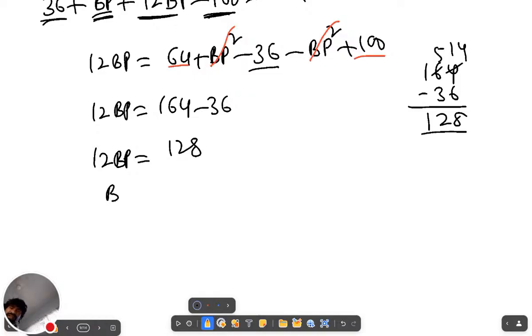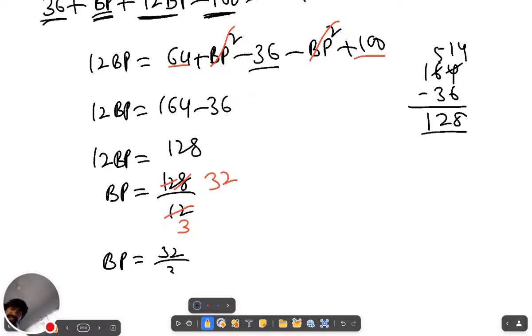Send 12 to the right side. BP is equal to 128 by 12. We can cancel using the 4 table: 4 threes are 12, 4 thirty-twos are 128. So BP will be equal to 32 by 3 centimeters.